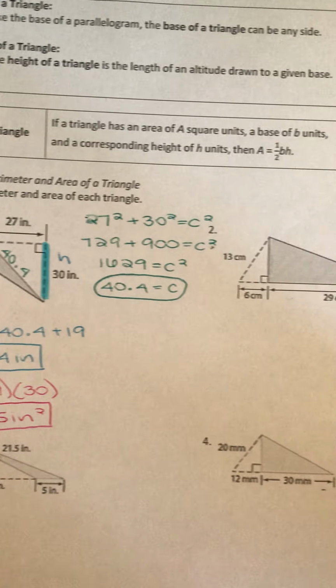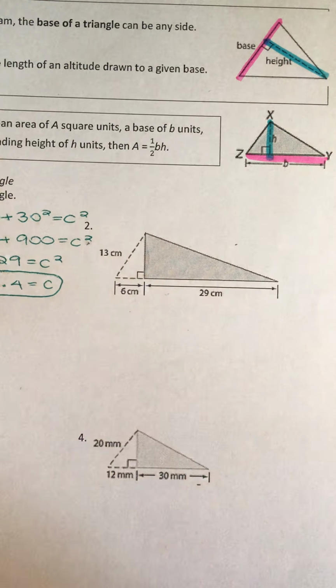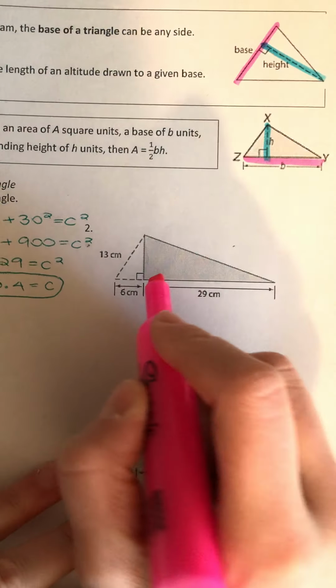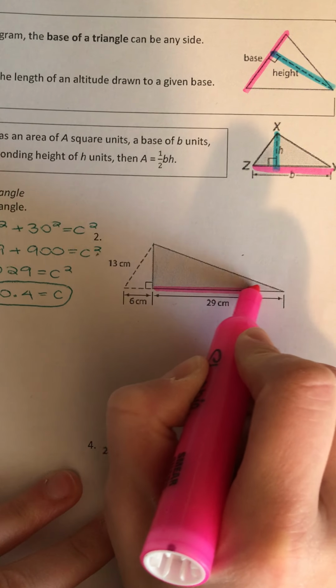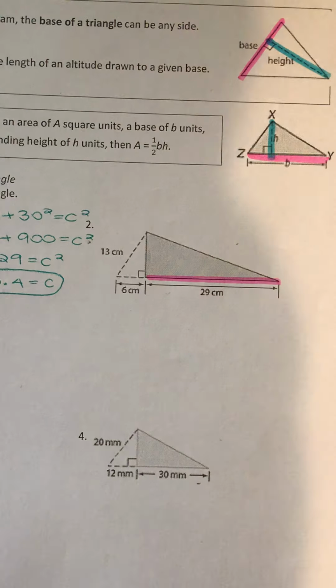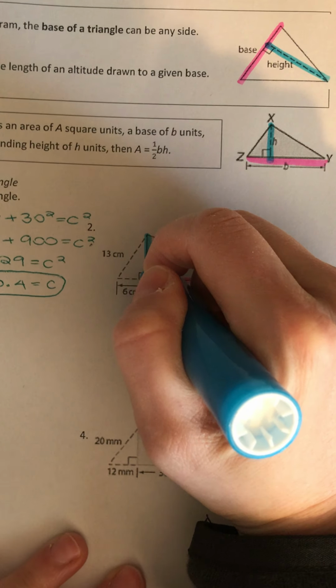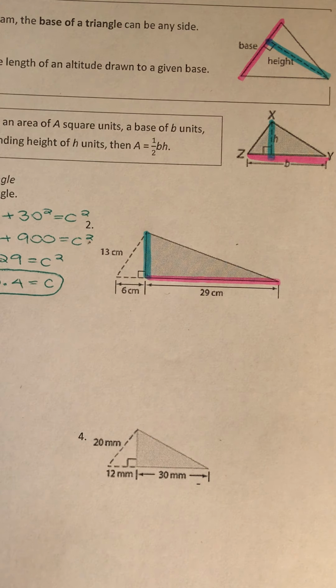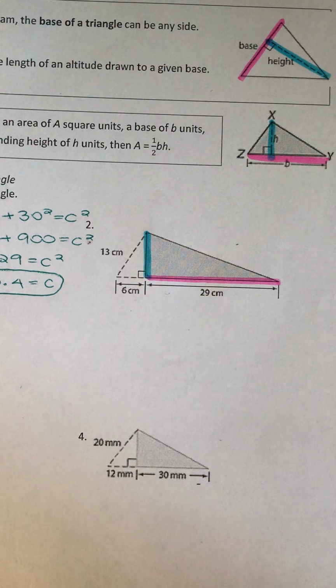All right, so let's move over to the next one. So again, I'm going to identify my base. My base is this 29. My height, which I see here, I don't know. So I'm going to have to do some solving in order to find out what that height is. So first thing I'm going to do is, again, the Pythagorean theorem.